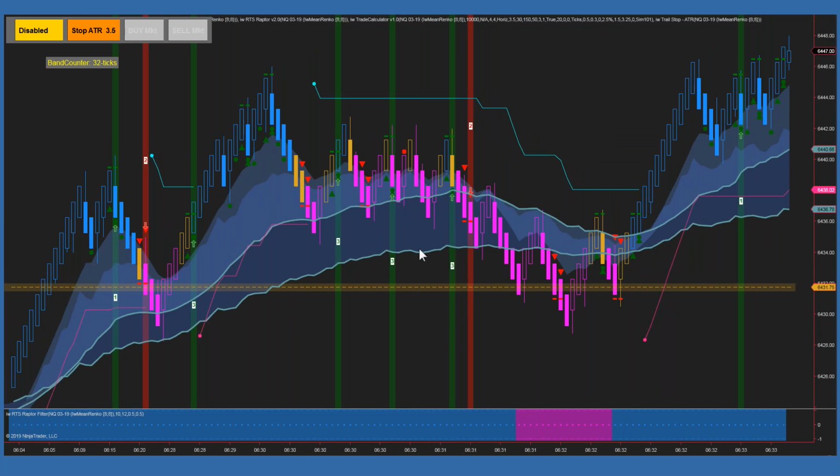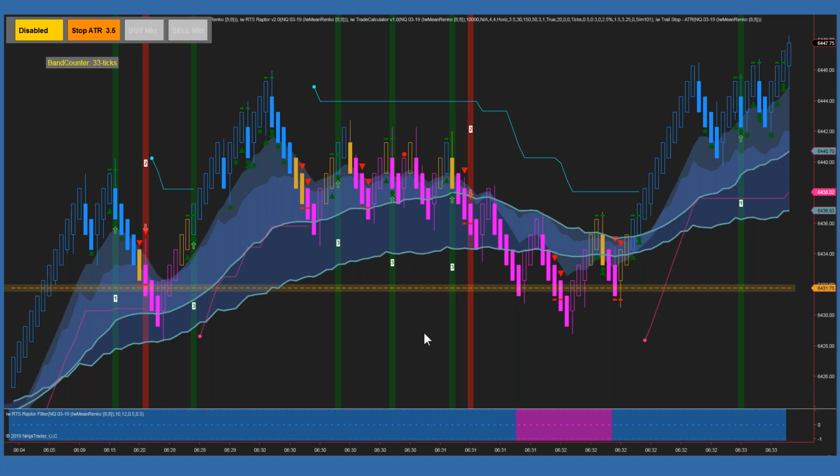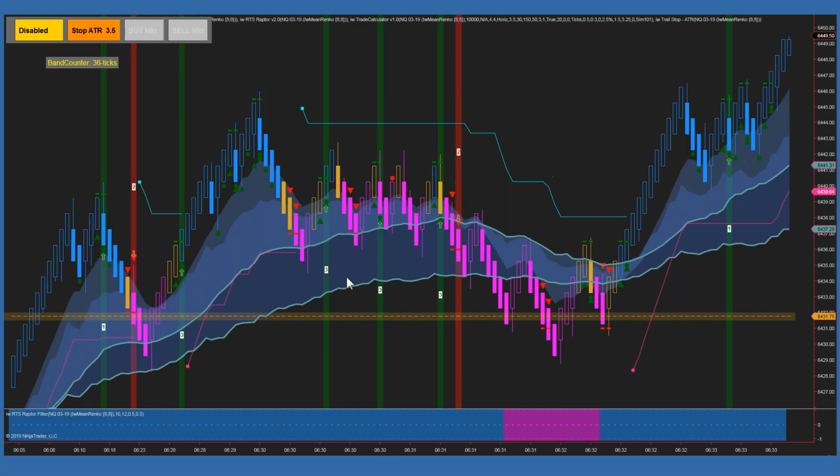The market I'm featuring here today is the NASDAQ, which is my own personal favorite. Just a couple of things here on the new trade calculator, which is essentially very much like the trade manager.